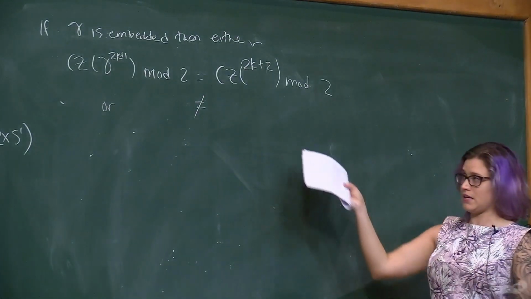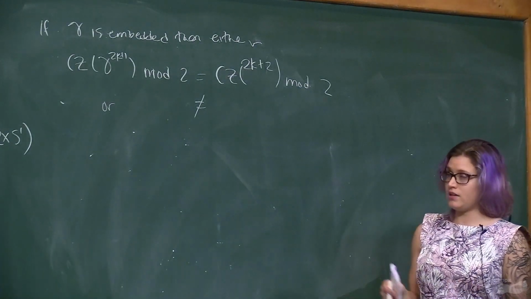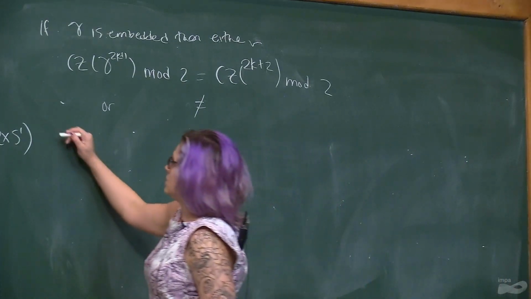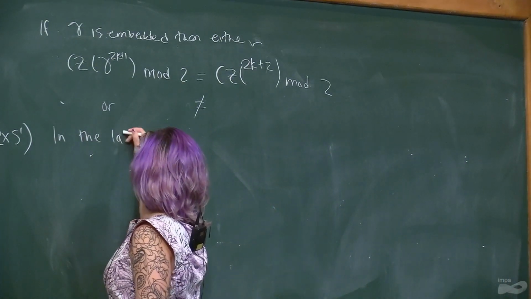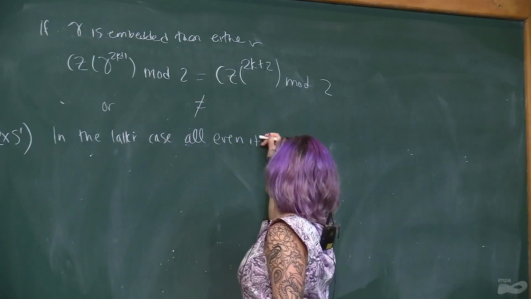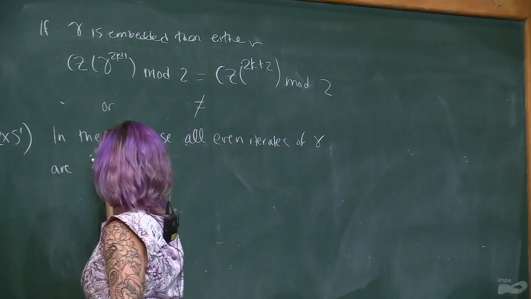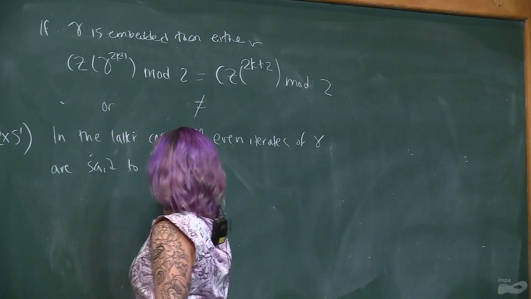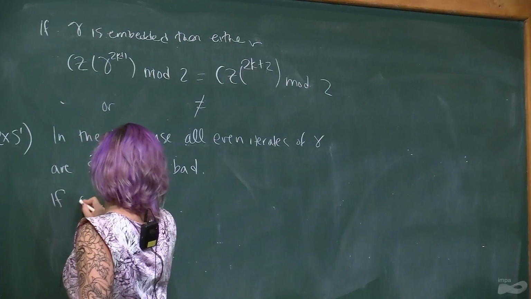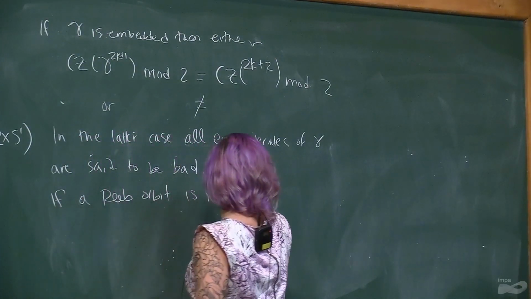So what this is saying is that when you iterate your closed Reeb orbit, either the parity of the Conley-Zehnder index remains the same or it changes. And in the latter case, all even iterates of gamma are said to be bad. Otherwise, if a Reeb orbit is not bad, it is said to be good.